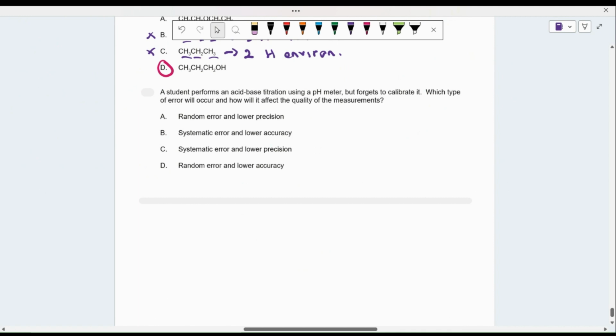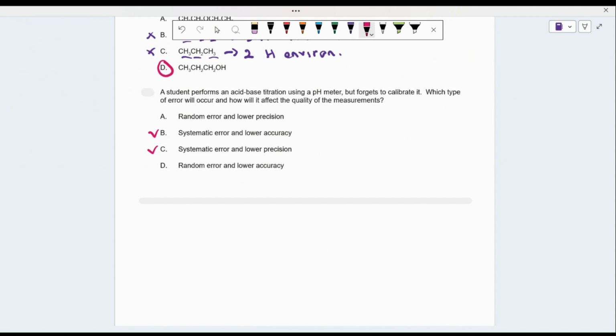Last question. A student performs an acid-base titration using a pH meter but forgets to calibrate it. Which type of error? Okay, so that's to do with the method, which will be a systematic error.